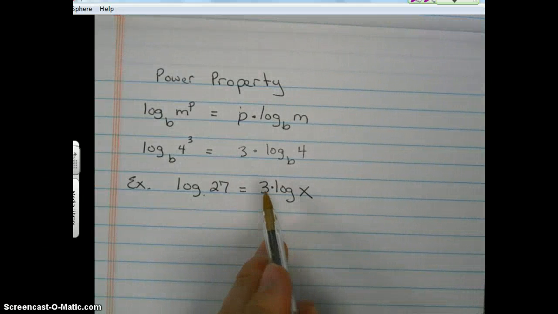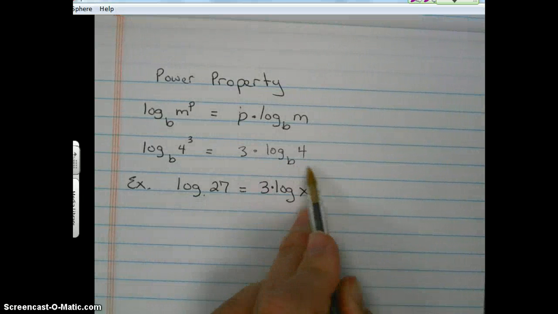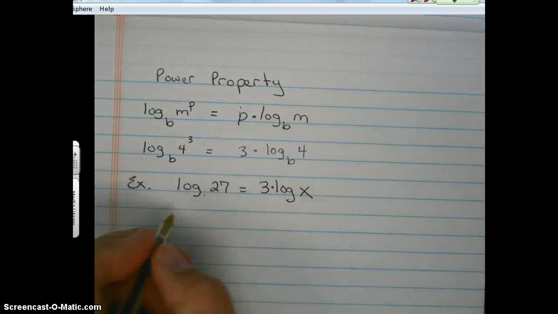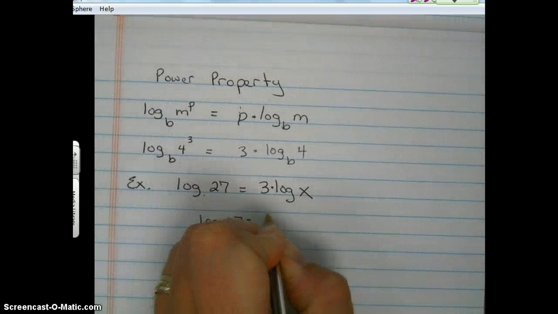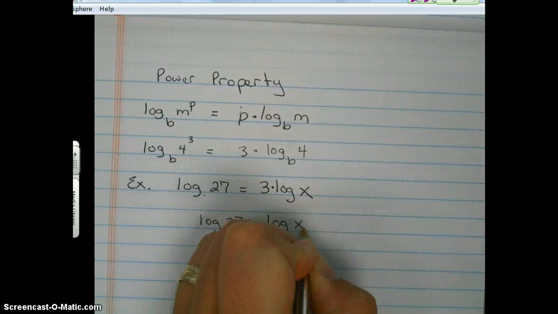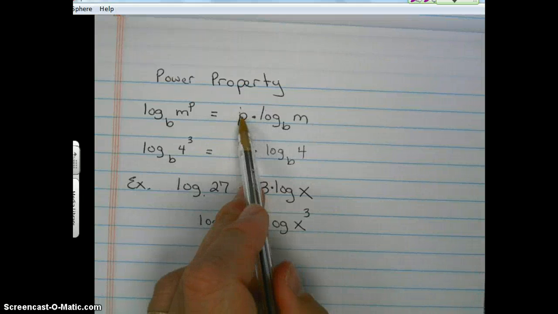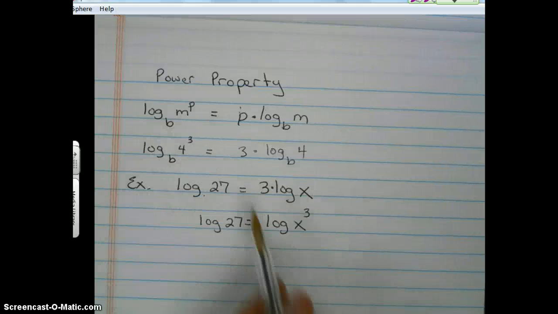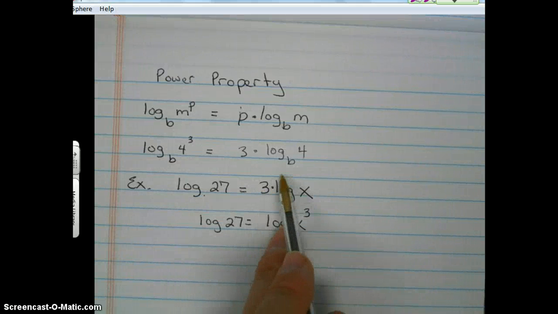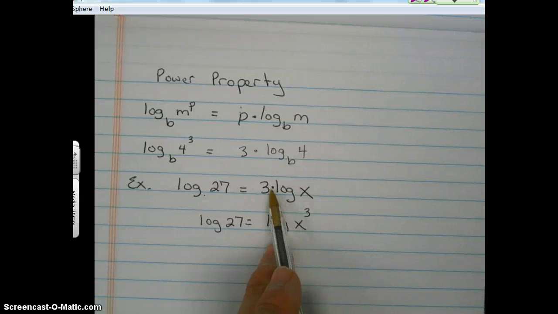When it's down front, usually when you're solving, you want to bring it back up on top. So we're going to have log of 27 equals log of x to the third. So I took that power out front and I moved it on top. So the 3 moves on top of the x because it's multiplication.